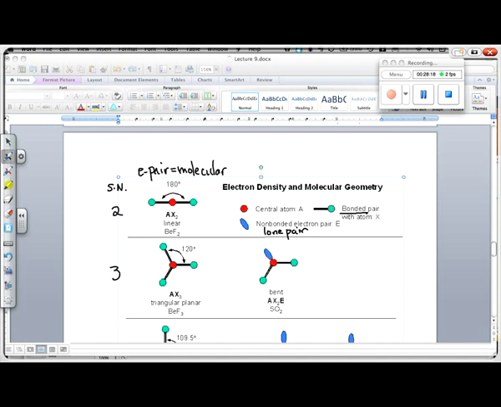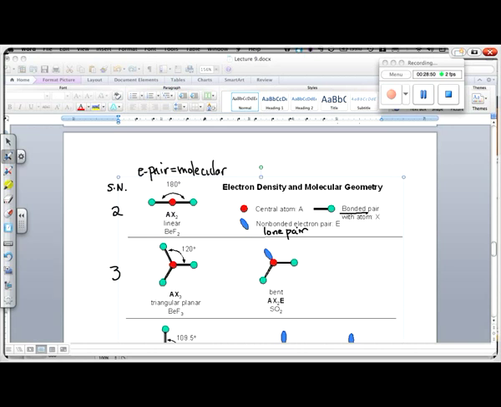This lone pair, and this is true for all lone pairs, takes up more room. They are not being held in place per se by being shared between 2 atoms, so they kind of spread out. Well, that affects the geometry. It ends up pushing these 2 bonds a little closer. So in a 3-dimensional sphere that you divide into 3 pieces, the 3 pieces should be 120 degrees apart from one another.